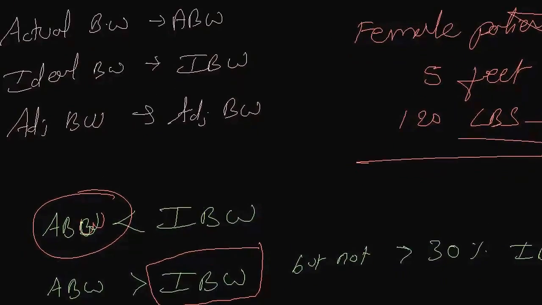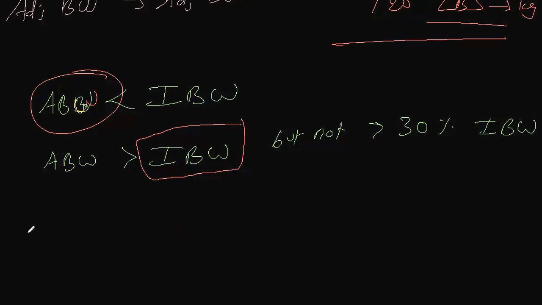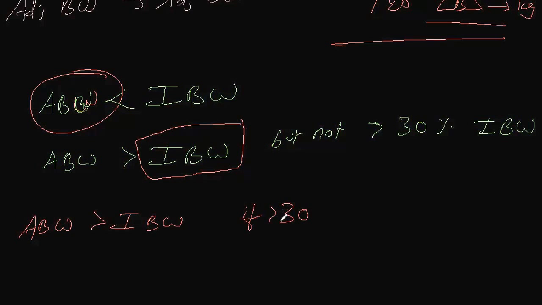We're going to plug in these values momentarily and solve it. And if the actual body weight is greater than the ideal body weight by more than 30%, then we are going to use adjusted body weight.